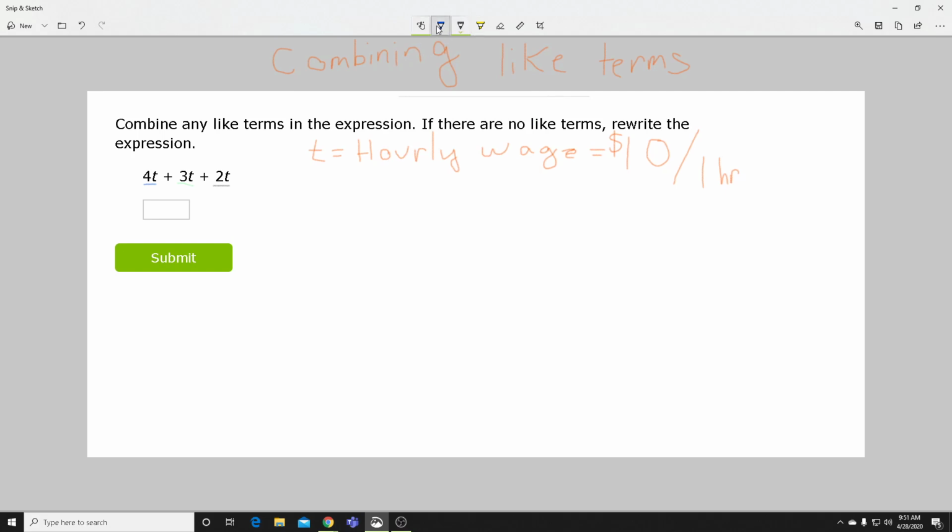Okay. So on Monday, we're making 4t. So in other words, we said t is our hourly wage, so 4, maybe that represents how many hours we worked. Okay. So we have 4 hours, and then we're working for $10 every hour.